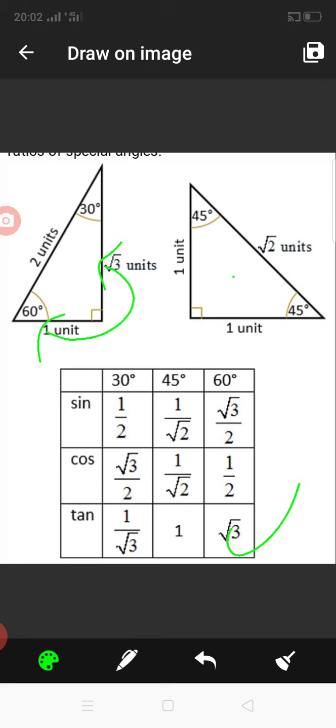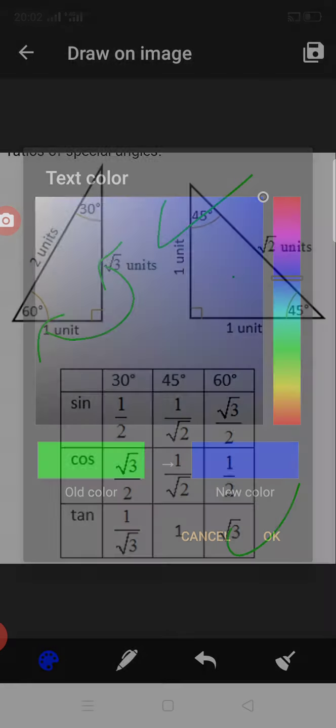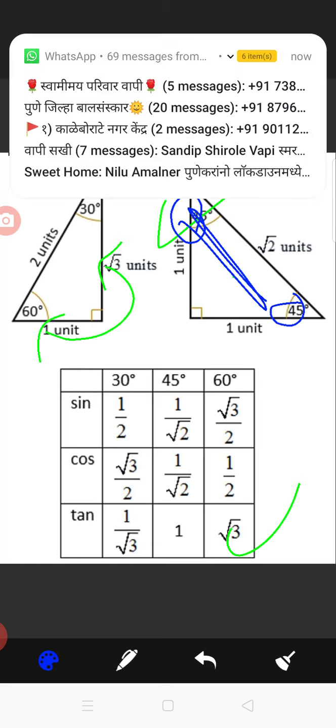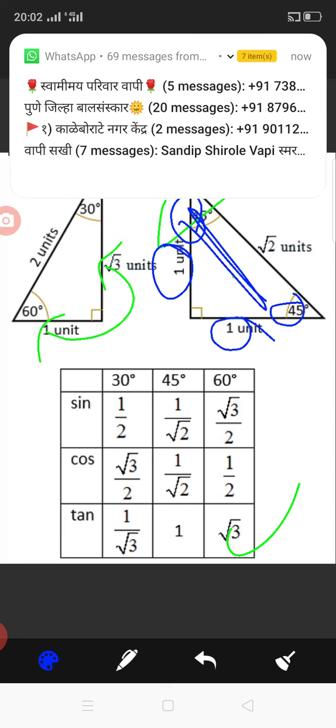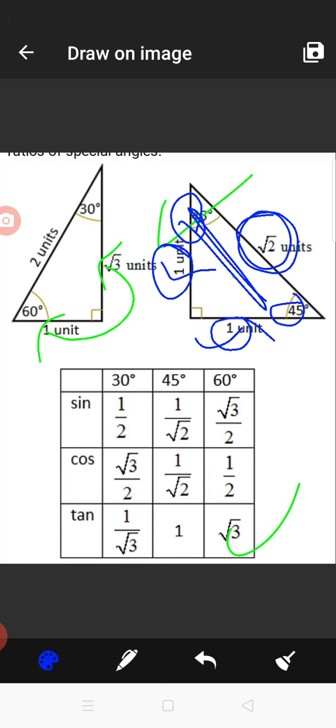Now think for 45 degrees. For this triangle, 90 degrees is one angle and the remaining two are 45 degrees. This angle is 45, this angle is 45. If two angles are the same, then the two sides opposite them are also equal, 1 unit. Using the Pythagoras theorem, if this is 1 and this is 1, then obviously the hypotenuse must come root 2.